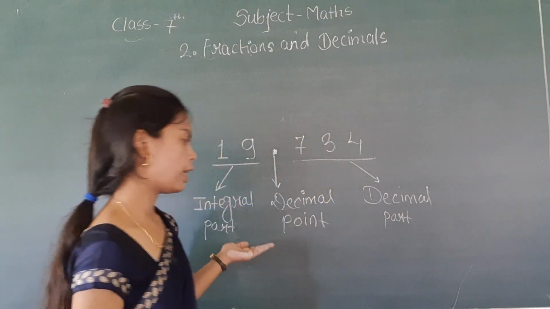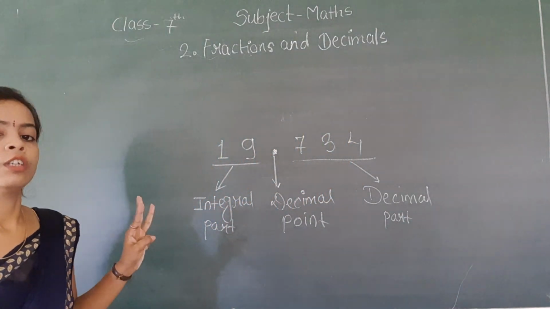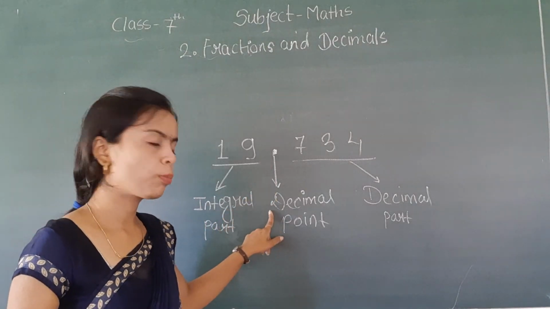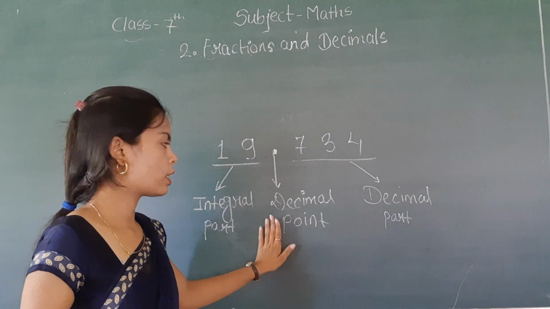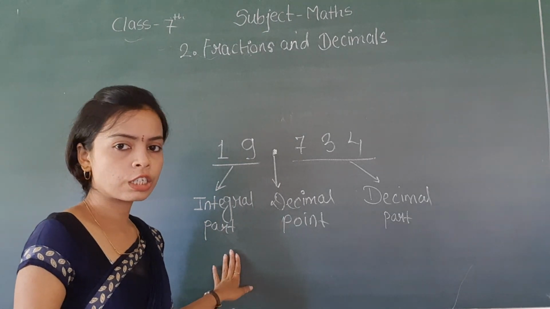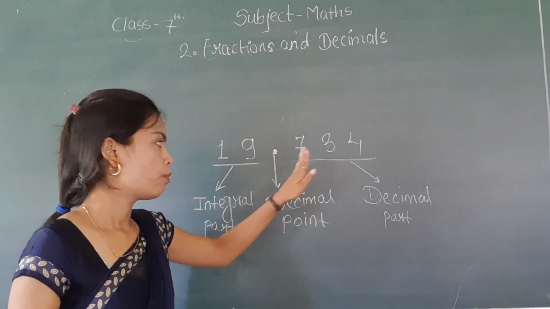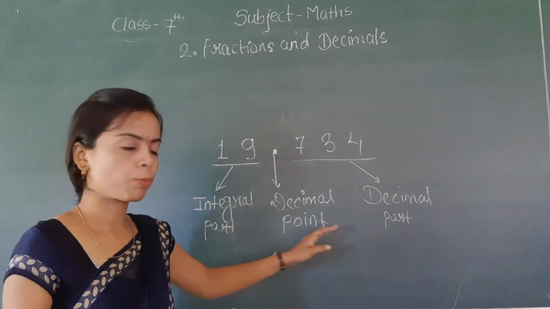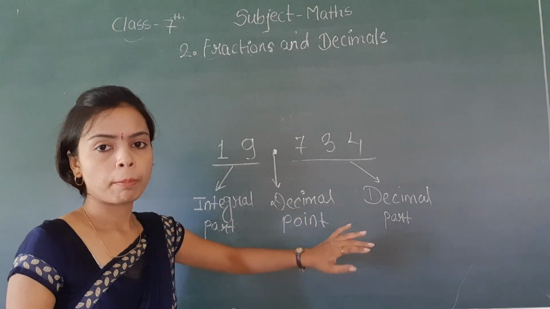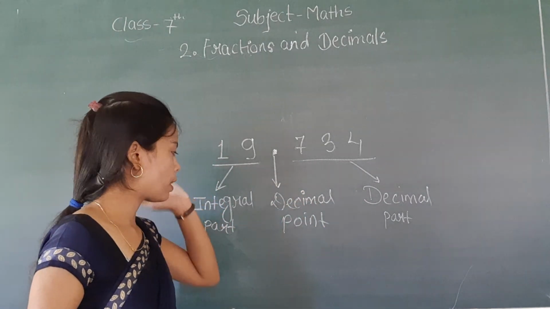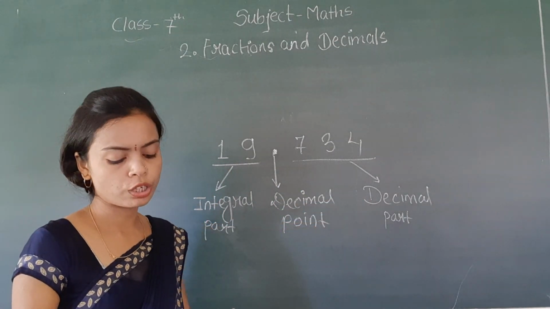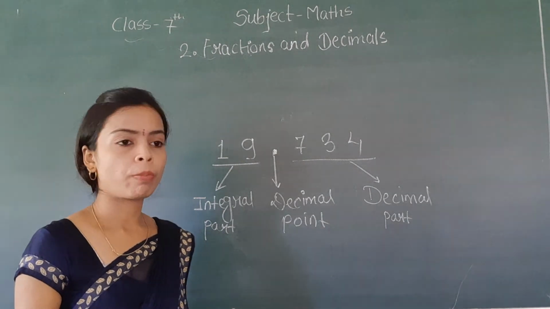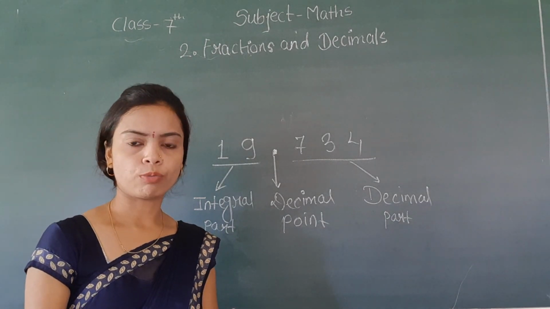So a decimal number has three parts: the decimal point or decimal, the part on the left side of the decimal point called the integral part, and the part on the right side of the decimal point called the decimal part. इसे इंटीग्रल पार्ट इसलिए बोलते हैं क्योंकि इसमें इंटीजर होता है, और इसे डेसिमल पार्ट इसलिए बोला जाता है क्योंकि इसमें जो पोर्शंस होता है वो डेसिमल फॉर्मेट में होता है.